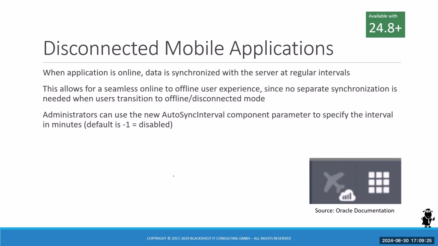And I think that's the reason why Oracle added the auto sync feature to disconnected mobile applications. So it syncs in the background, and when you happen to go offline, everything is already there, so no hassle. And that's a good thing to hear. So mobile applications are a thing, and customers using the disconnected mode, of course, will be very happy.